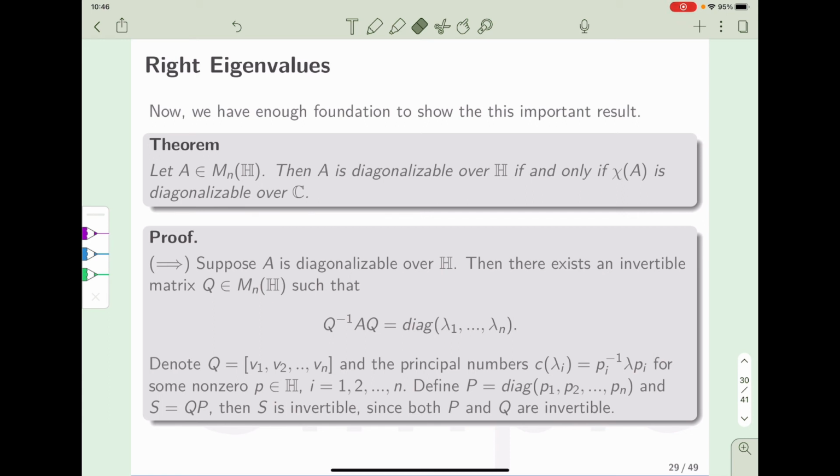Now, we don't rush to apply chi on both sides because these lambdas are still quaternion numbers, which will make the image very messy. Instead, we want to find their principal numbers to construct another transition matrix P.